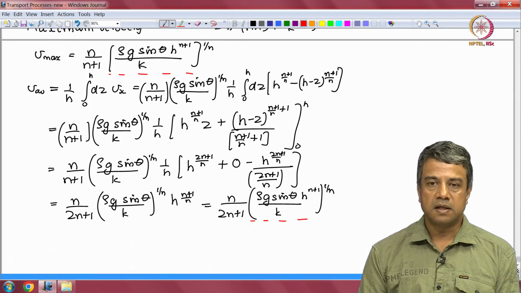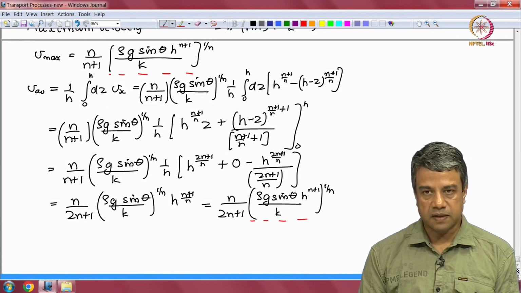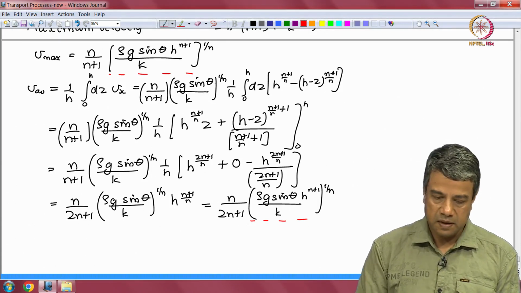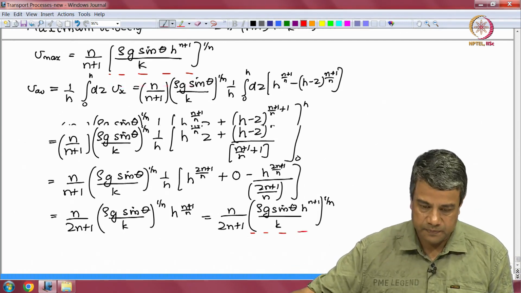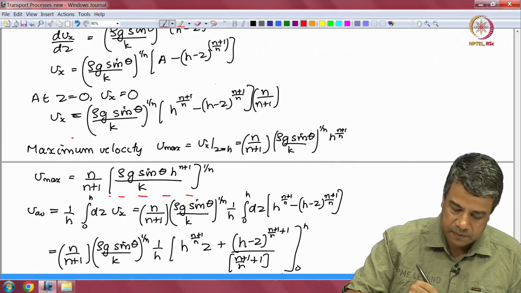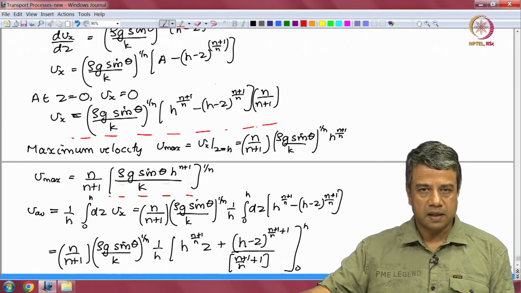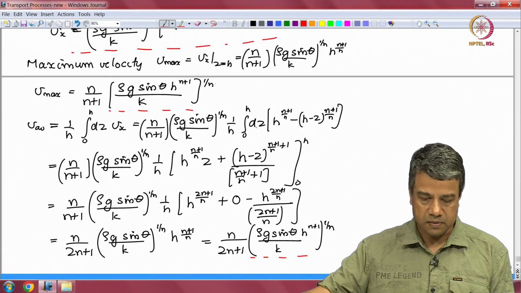However, the relation between stress and the strain rate is not linear, and because of that you get a more complicated velocity profile which has this particular form. And from that I can calculate the average velocity and so on.